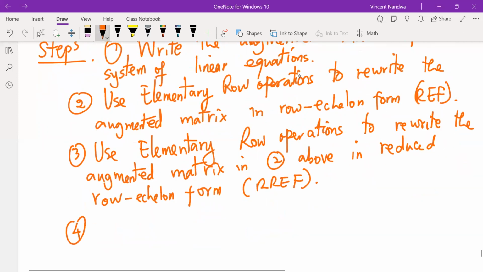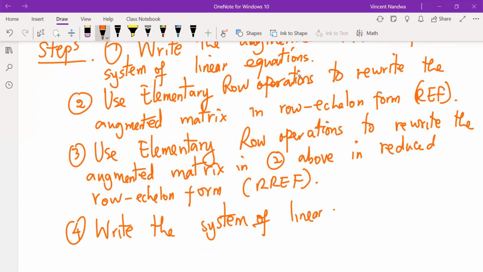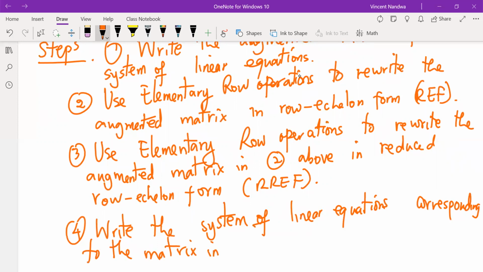And lastly, use back substitution. Reduce row echelon form, and find the solution.